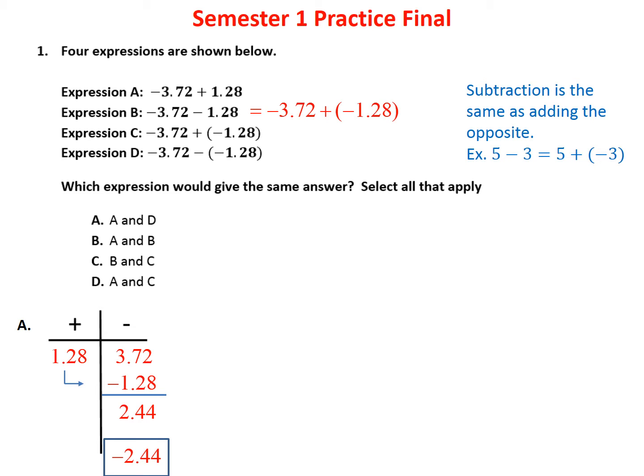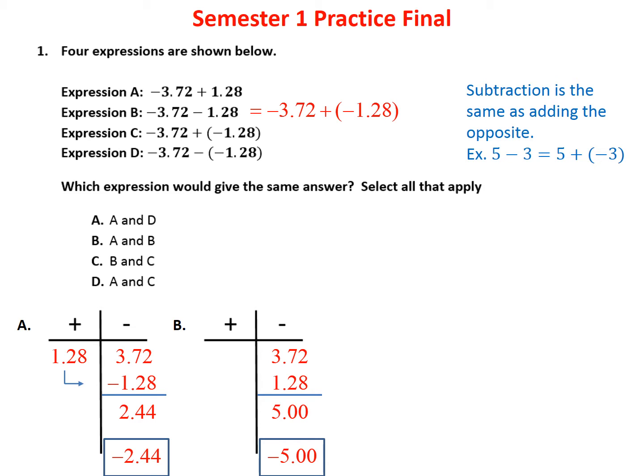So this becomes negative 3.72 plus a negative 1.28. So now when we do our T-chart, we have a 3.72 on the negative side and 1.28. When we add those together, it comes out to 5, and again that's on the negative side, so the answer is negative 5. These two obviously are not the same.